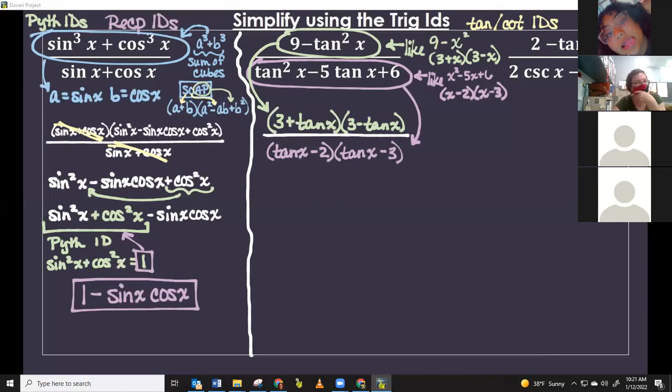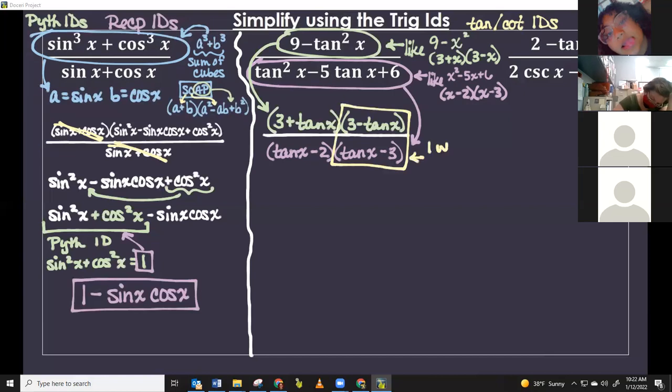Can I cancel anything? Could you cancel the 3 minus tan x and then tan x minus 3? Almost. I want to. And I think there's going to be a way we can do it. We just got to play with it a little bit.